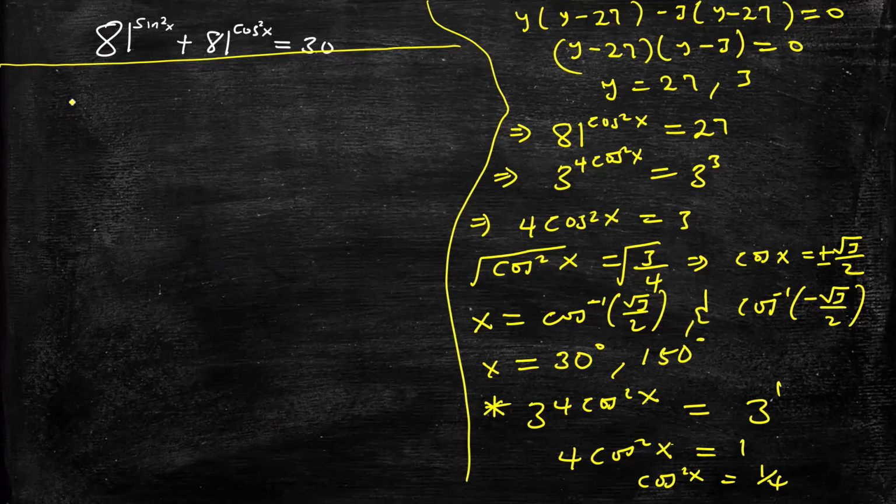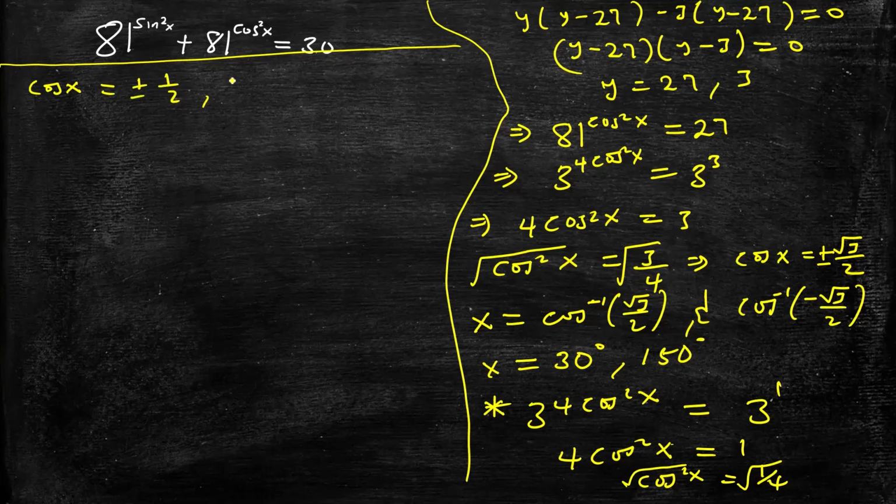Taking the square root on both sides, cos x will be plus or minus half.